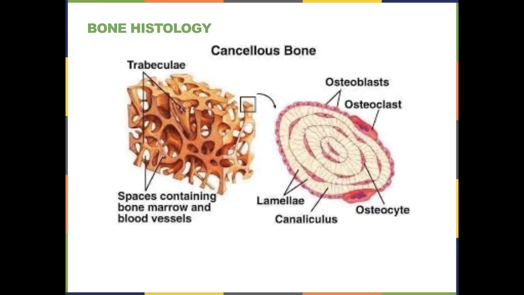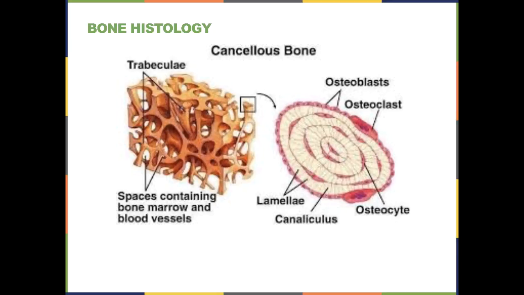Now there are two types of bone. There's what's known as cancellous or spongy bone, and the other kind of bone is known as compact bone. And many long bones, like the femur, contain both spongy and compact bone.